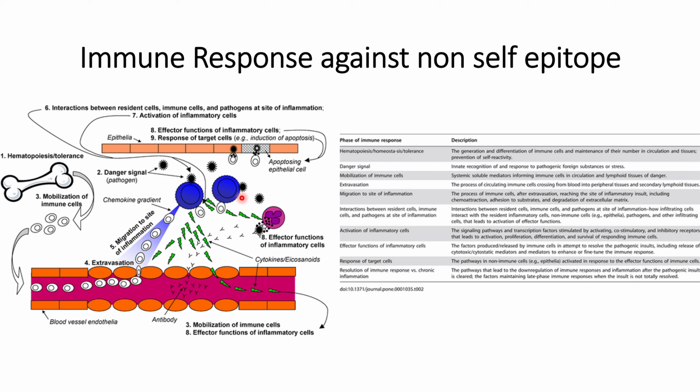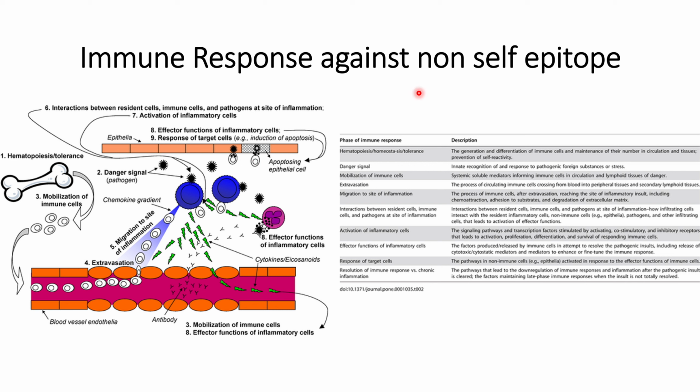And this triggering of apoptosis might occur either by the release of cytokines that we have discussed in our previous videos, and also sometimes due to the cell-cell interactions that will trigger the extrinsic apoptosis.